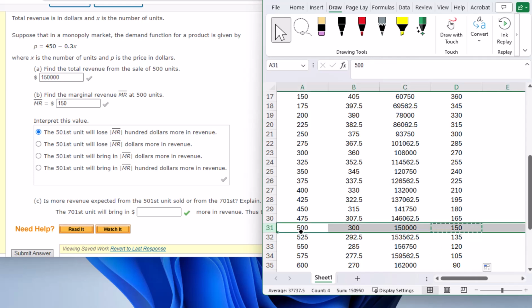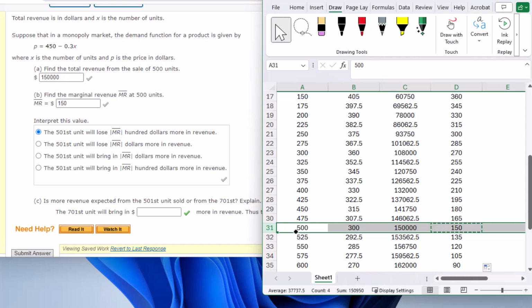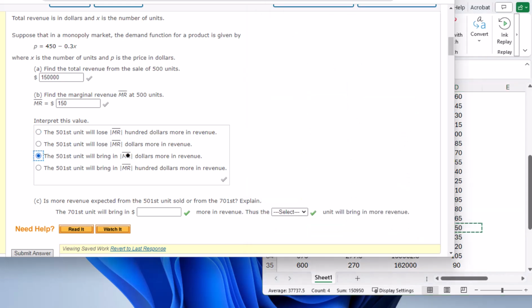So marginal revenue, plugging in 500, it's going to make a prediction for the next unit, which would be the 501st unit. The 501st unit is predicted to bring in $150.